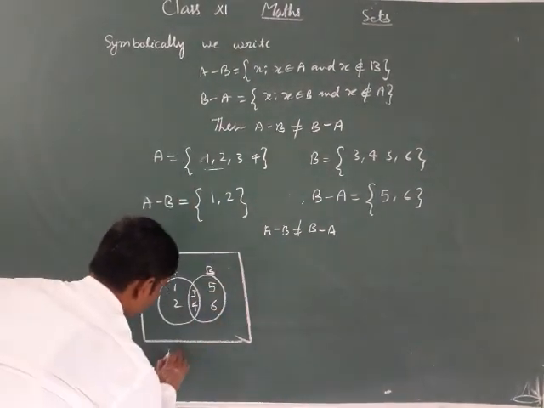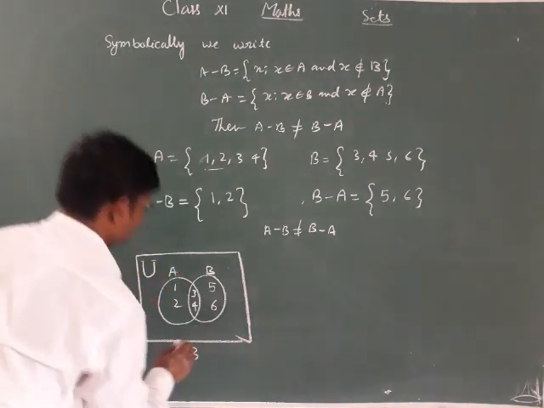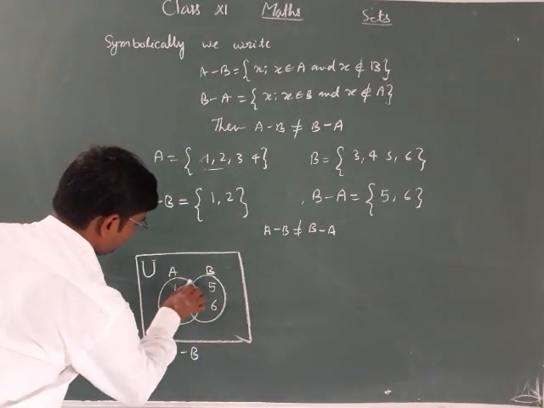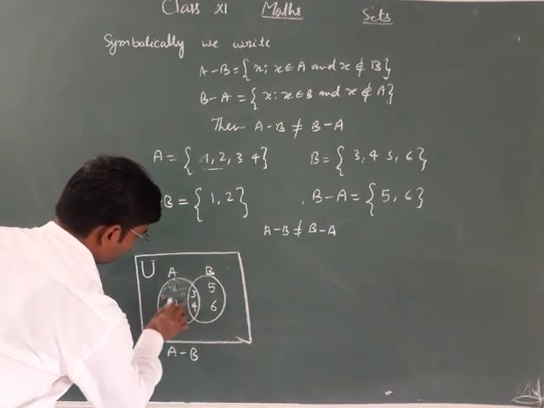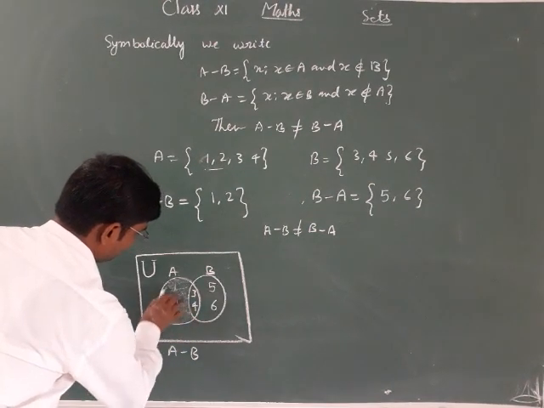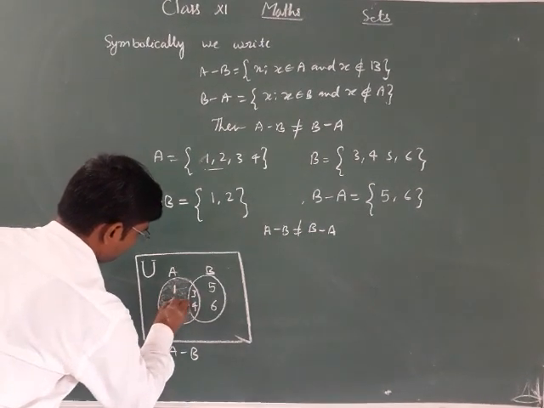So for A minus B, this is the shaded portion with 1, 2.